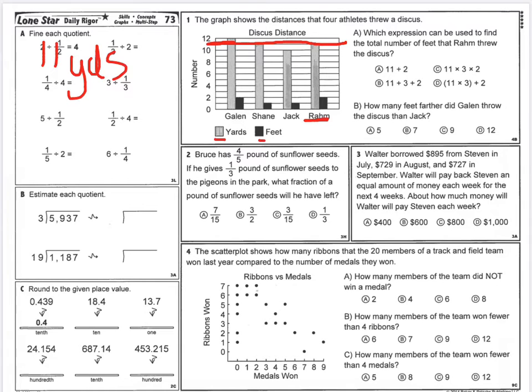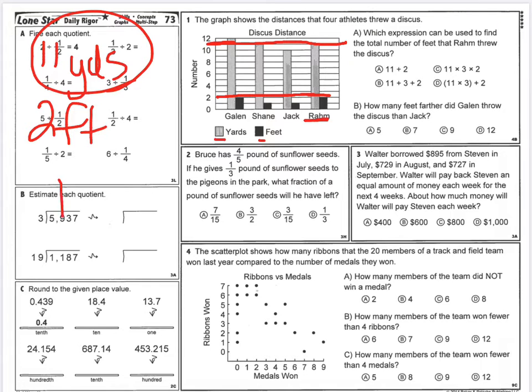And then he threw it 2 feet. Sorry. So you're going to have to convert the yards into feet. So which one of these, A, B, C, or D, is going to tell you the 11 yards converted to feet and then 2 feet?